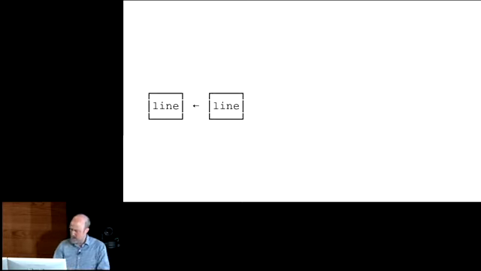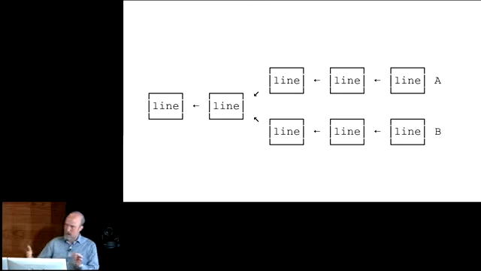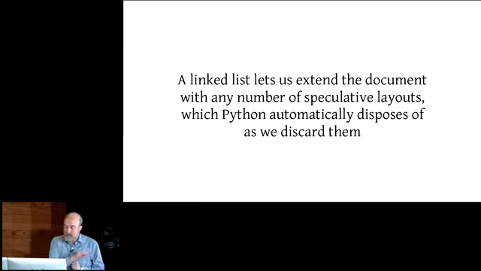When I need to stop and make a decision, I can run a paragraph's layout one way, look at those lines, run it another way, and the two possible futures for my document automatically share as storage all the previous document without my having to store it twice, because they both share a reference to it. A linked list lets us extend the document with any number of speculative layouts, which Python automatically disposes of as we discard them.